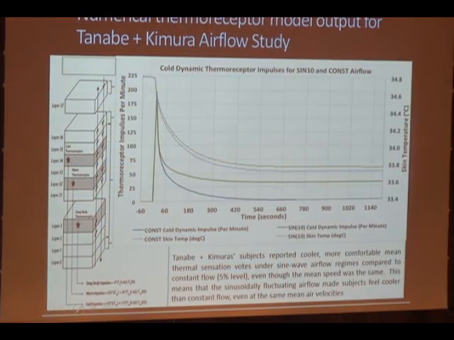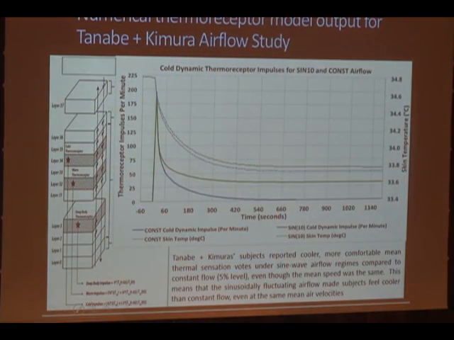And we set up a skin model, a numerical skin model, to interpret the observations that Tanabe made in his experimental studies. And our skin model has thermoreceptors embedded at the depths prescribed by Hensel in the classic text on thermoreception.